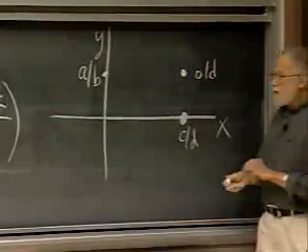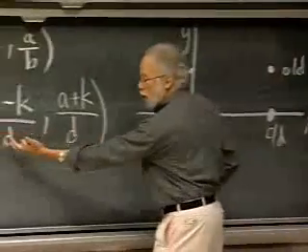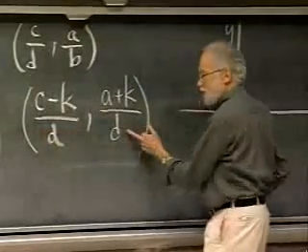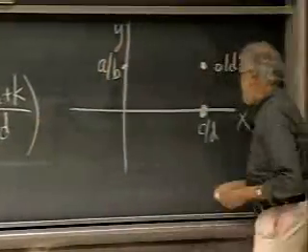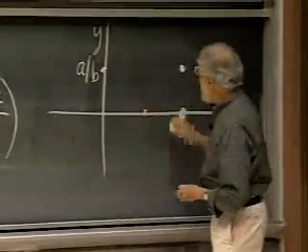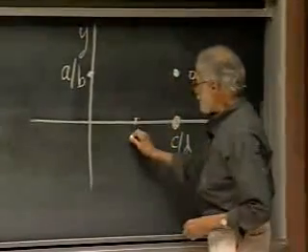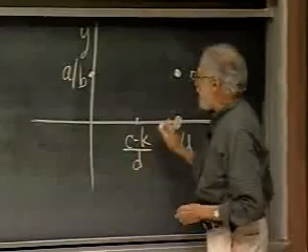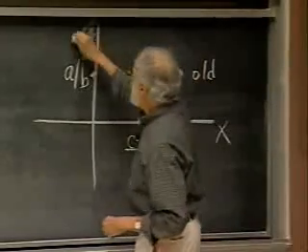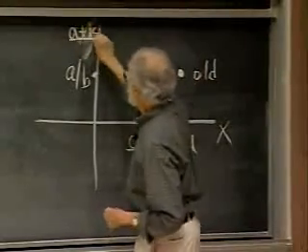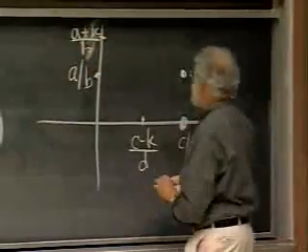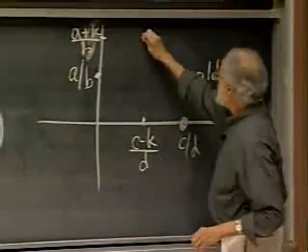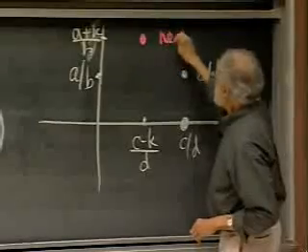The result of fishing is to lower the value of x and raise the value here. So the new critical point is this gets lowered to c minus k over d, and this gets raised to a plus k over b. In other words, the new point is there.